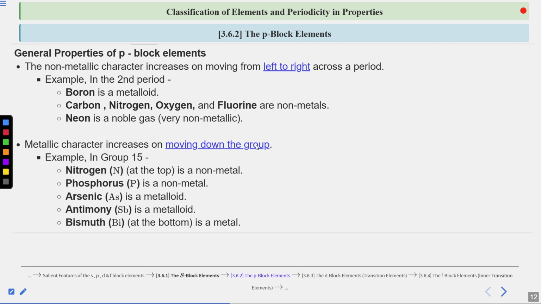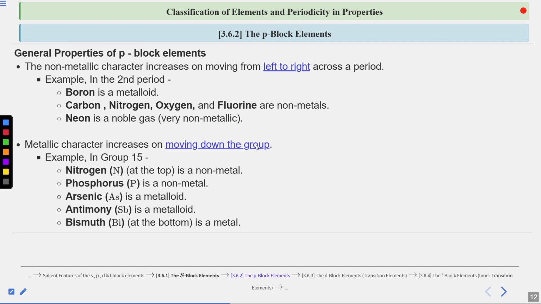But for the p block, we have both points: from left to right the metallic character decreases in a period, and metallic character increases on moving top to bottom in a group. So nitrogen is the most non-metallic one, whereas bismuth is a metal. You can see how the transition is happening. First we have two non-metals, then in between comes the metalloid, then we slowly move on to the metal, which is bismuth.